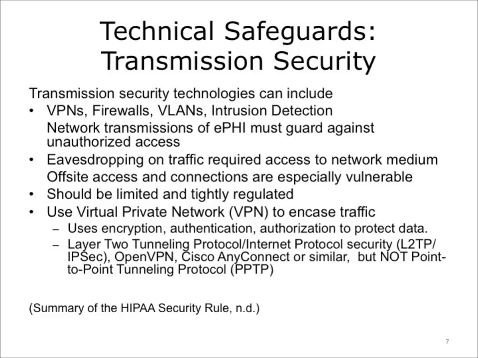A VPN uses encryption, authentication, and authorization to protect data as it is routed through the Internet. VPN connections may use protocols such as L2TP/IPsec, OpenVPN, or Cisco's client implementations. However, Microsoft's PPTP VPN implementation has vulnerabilities that make it ill-suited for ePHI transmission.